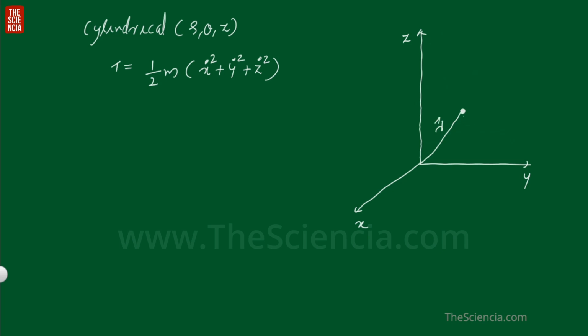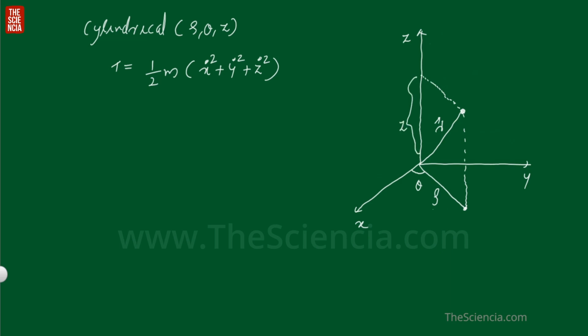This r vector has a projection over the xy plane like this one, and I call this projection rho. You can see there is an angle between these two, which I call theta, and the projection of this point over the z axis I call z.